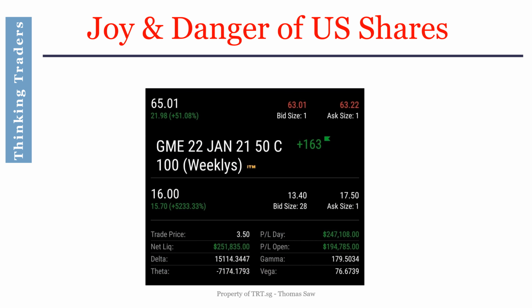Before we go further, American shares are full of opportunities and danger. Here's a screen capture of a trade done by our infamous trader about 2 years back, in January 2021. You can see the one-day P&L opening made $247,000 in profit.